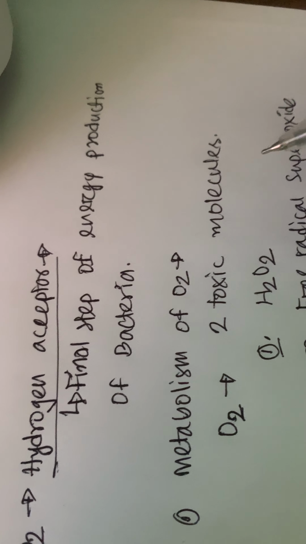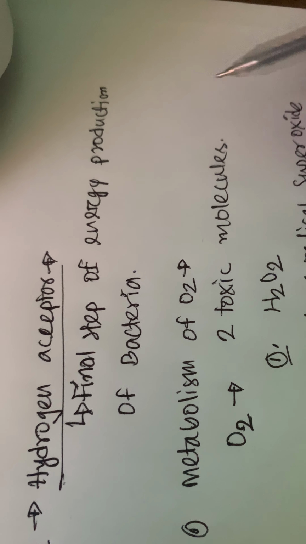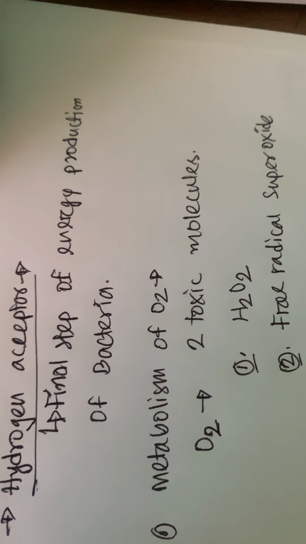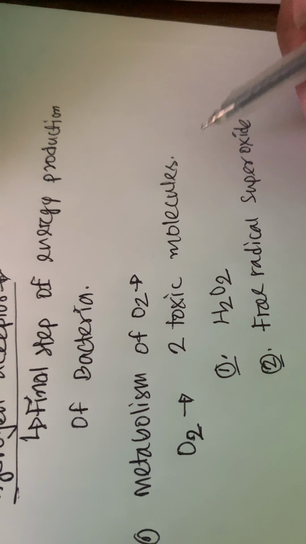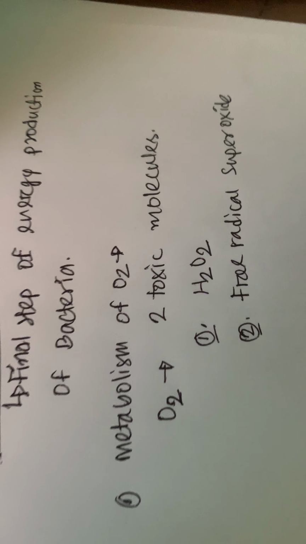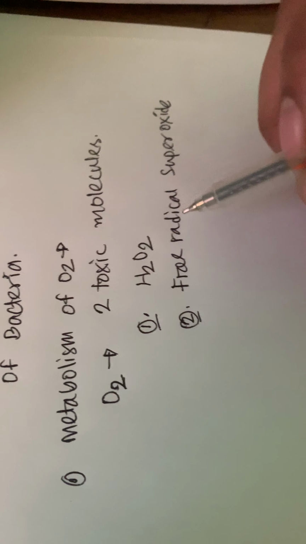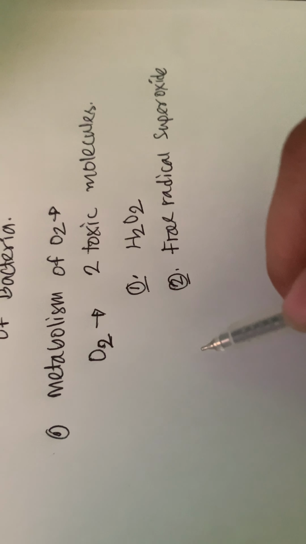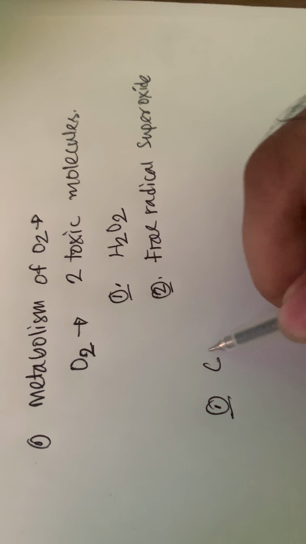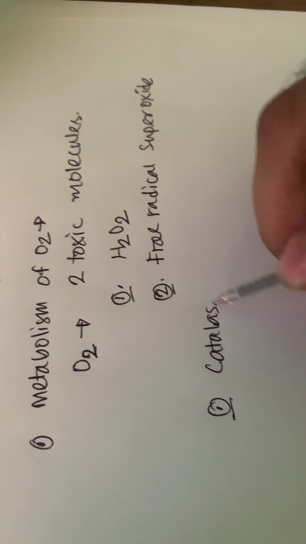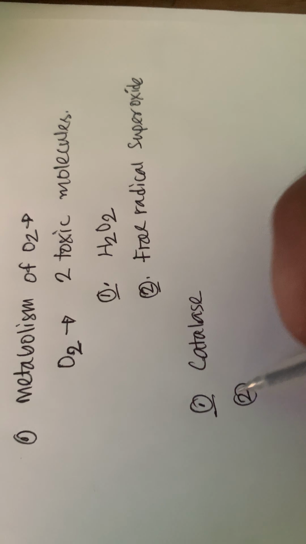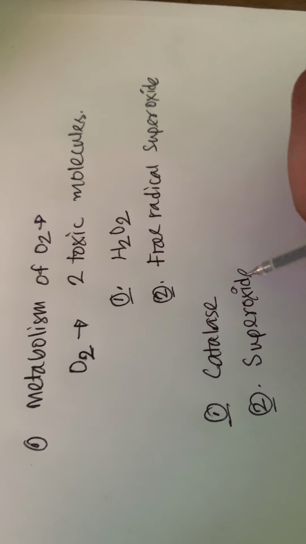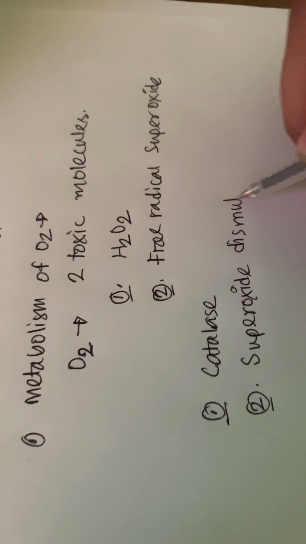So these toxic molecules are toxic to the bacteria, and they should be neutralized. For their neutralization, there must be two enzymes, and these enzymes are called, one is catalase and the second one is superoxide dismutase.